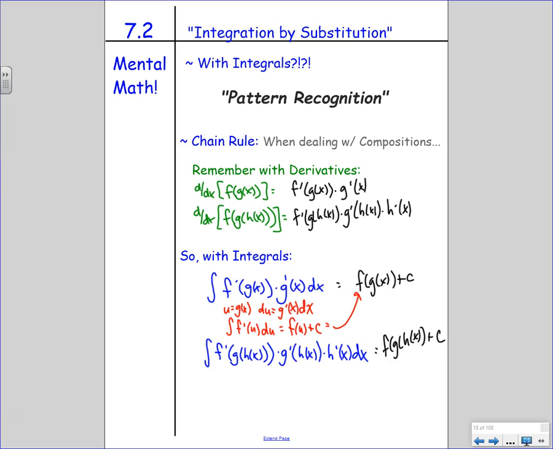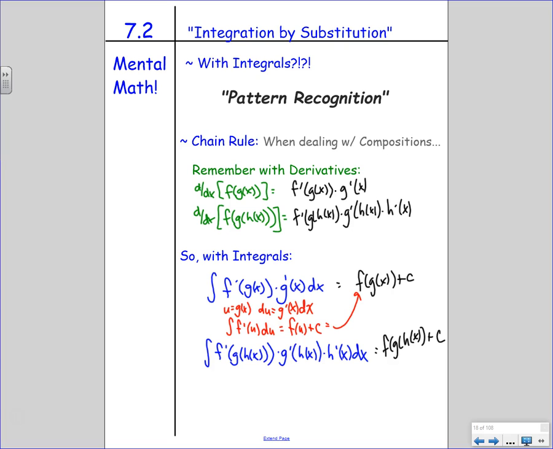Which one's easier to look at, f prime of g of x times g prime and figure out all that, or just f prime of u and anti-derive f prime? Exactly. For some of you, the mental math, you can do the first. But for a lot of you, it's going to simplify if you do u-sub as to what you're looking at to actually anti-derive, and you're making sure that you're dealing with the u prime appropriately.